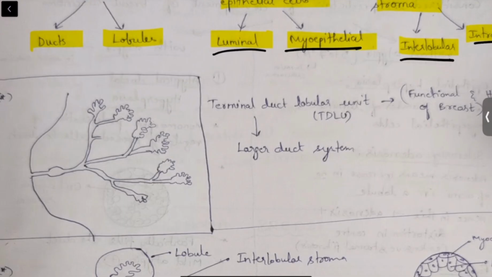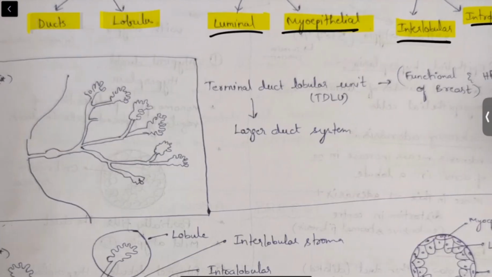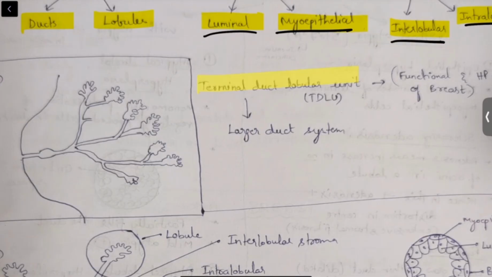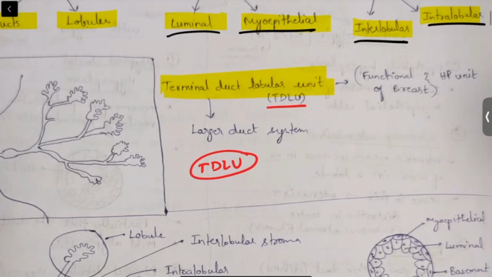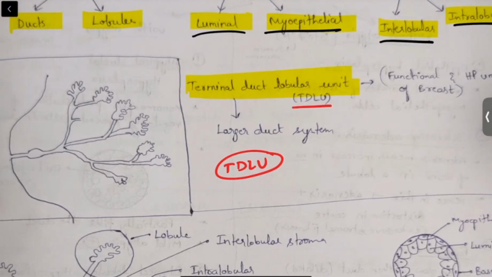So the histopathological structural and functional unit of the breast is called the terminal duct lobular unit, in short known as TDLU. What is TDLU per se? It is a terminal duct along with a lobule. Just like I have said, this is a lobule and this is a duct. So this consists of the TDLU, terminal duct lobular unit. Here I have included two, one lobule only.